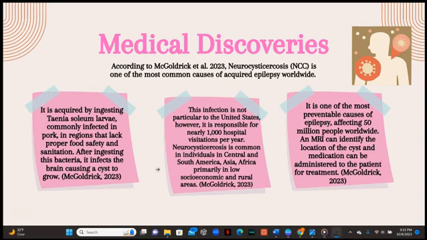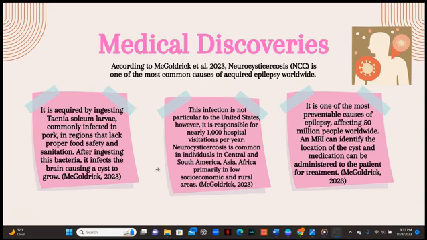The infection is not very particular to the United States, but it's responsible for almost 1,000 hospital visitations per year. It is common in Central America, South America, Asia, Africa, and it is primarily in low socioeconomic and rural areas. It's one of the most preventable causes of epilepsy.